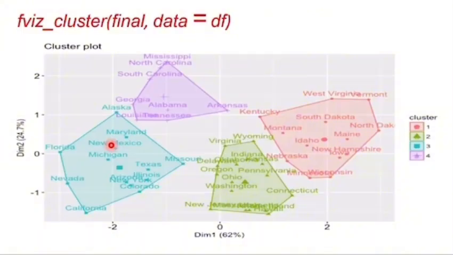That is one of the drawbacks of k-means, because the mean is sensitive to outliers. And that is why in the next lecture, we're going to talk about k-medoids. With k-medoids, instead of using the mean, I'm going to use something else. I'm also going to talk about hierarchical clustering.